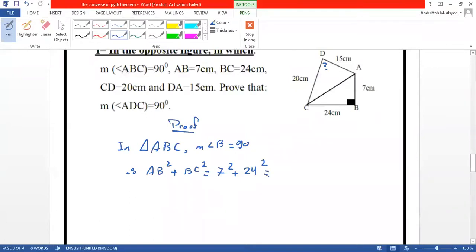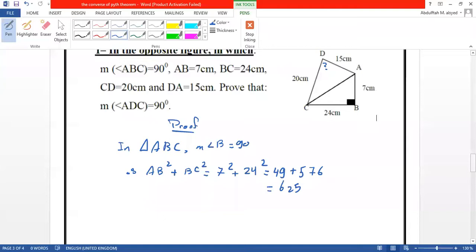So 7 squared is 49, plus 24 squared equals 576. 576 plus 49 equals 625.